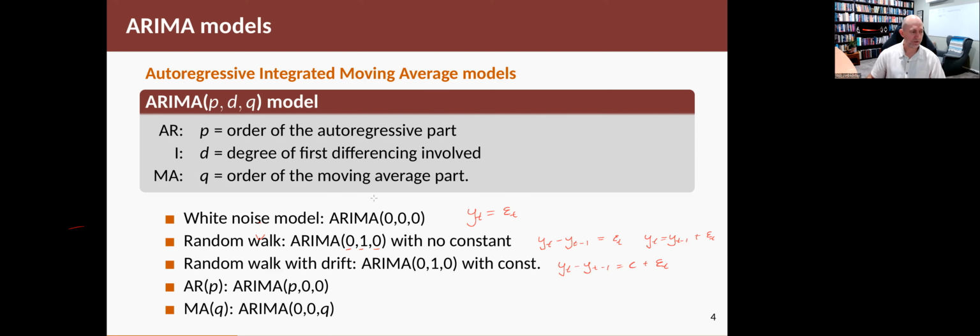So you can see that if you drop components of the model, then you can drop the parts of the notation as well. So an ARIMA(p,0,0), because you've got a 0 here and a 0 here, you can drop these bits and just write it as AR(p). And similarly for an ARIMA(0,0,q). So they're all special cases of this model class that we've seen before.